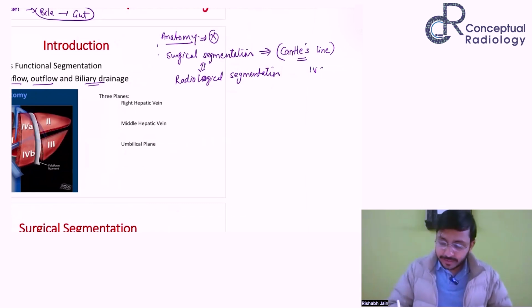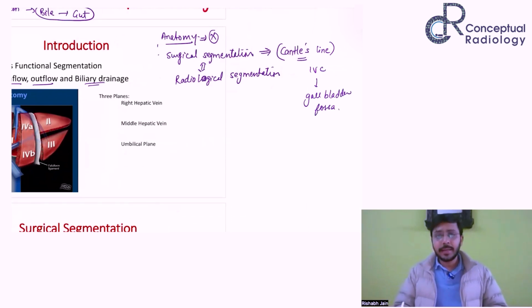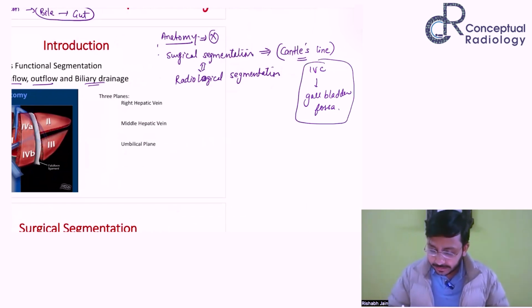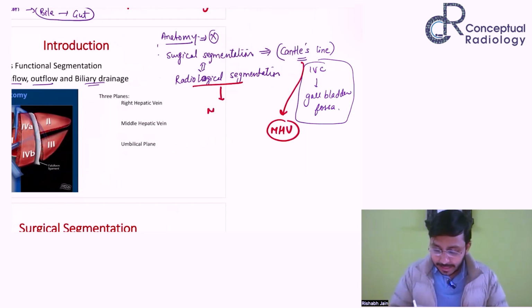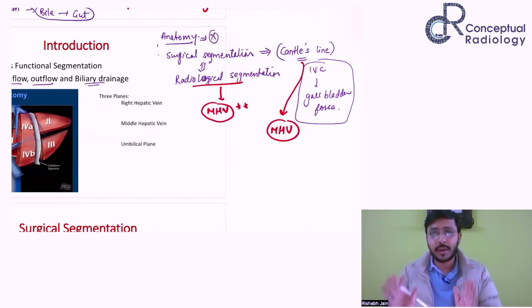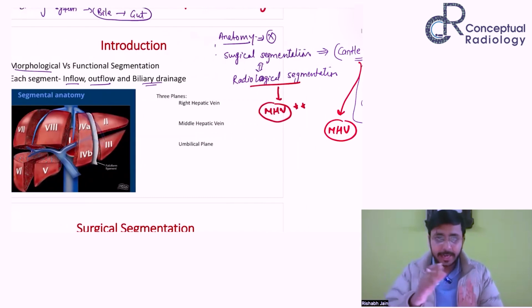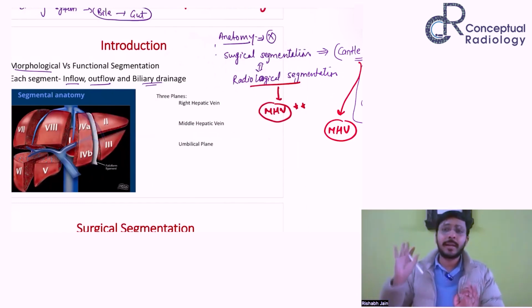It runs from the IVC to the gallbladder fossa, and it helps surgeons to identify which structure underneath. Cantlie's line corresponds to the middle hepatic vein. Radiologically, this middle hepatic vein is the most important structure that God has created for liver transplant. God created the RHV and LHV for something else, but he created the MHV so that liver transplant can be done.